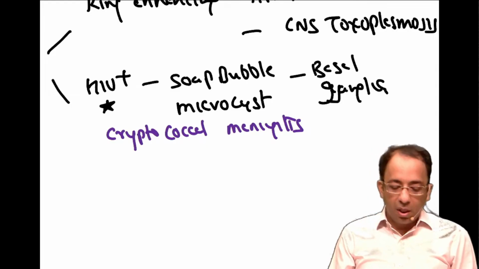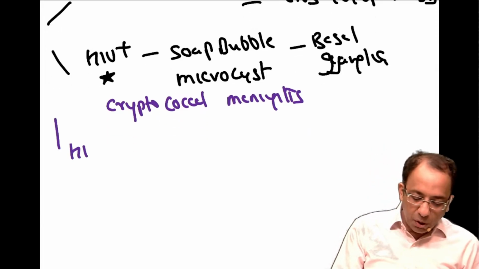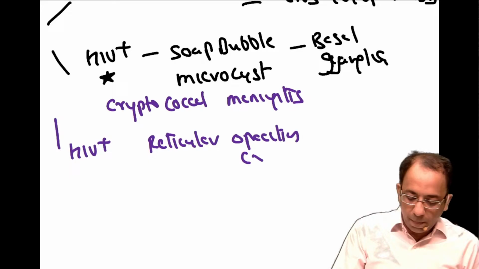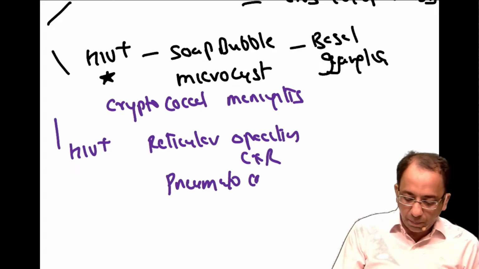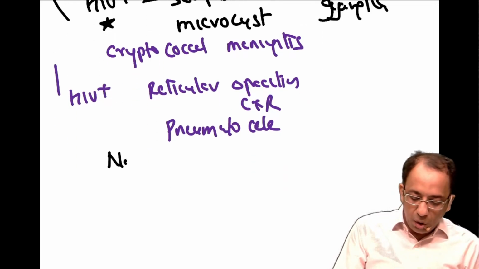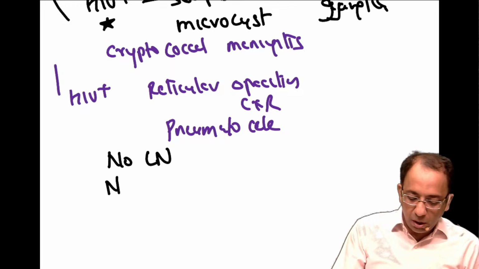Are you able to do it? And if they say HIV positive patient has reticular opacities on the chest X-ray along with pneumatocele formation. Remember the negative line, no lymph node enlargement, no pleural effusion.